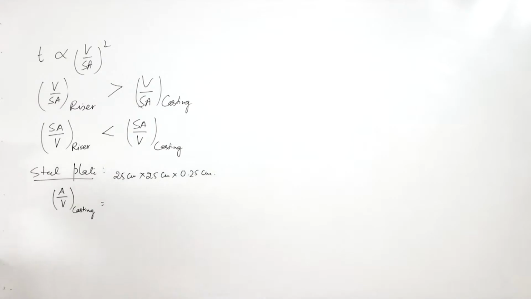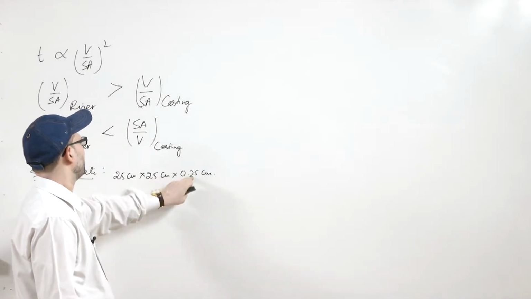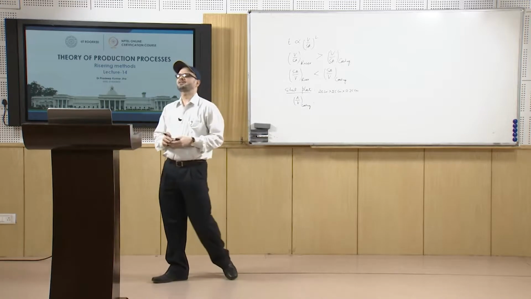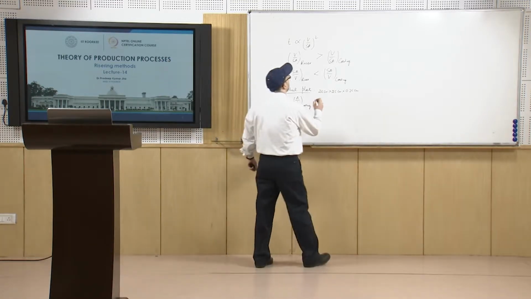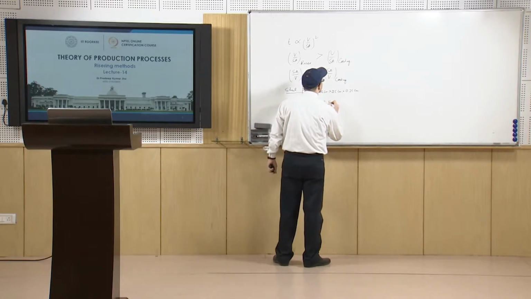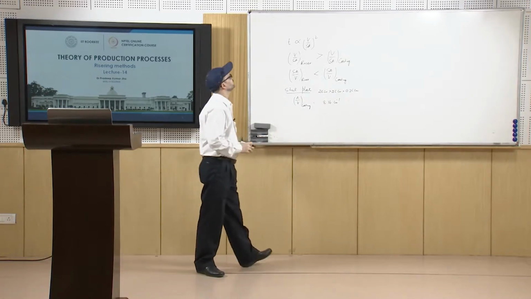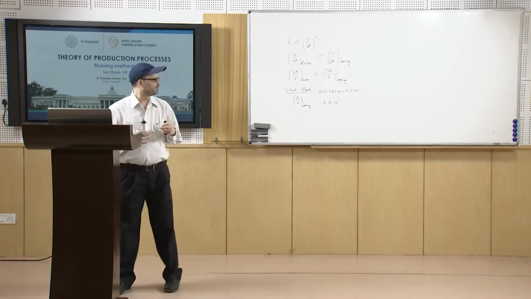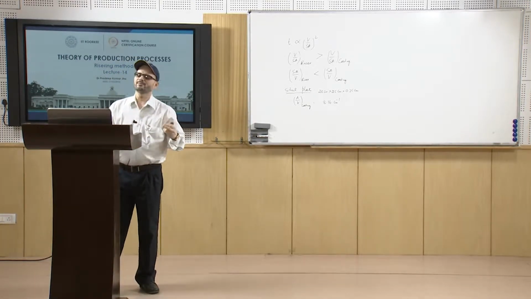A by V is 2 into (25 into 25 plus 25 into 0.25 plus 25 into 0.25) divided by the volume. That comes out to be 8.16 per centimeter, because V is 25 into 25 into 0.25, and A we can find.